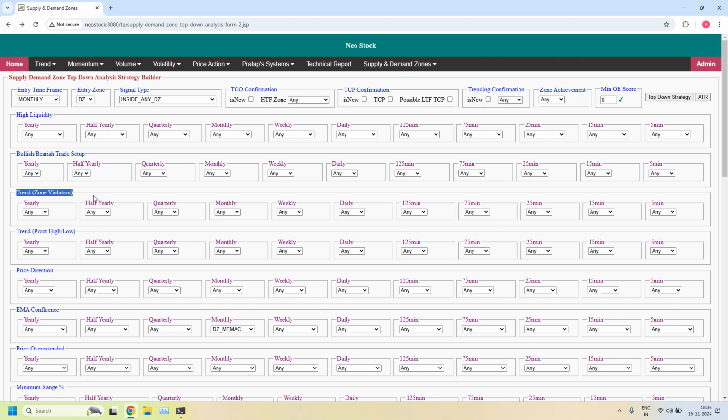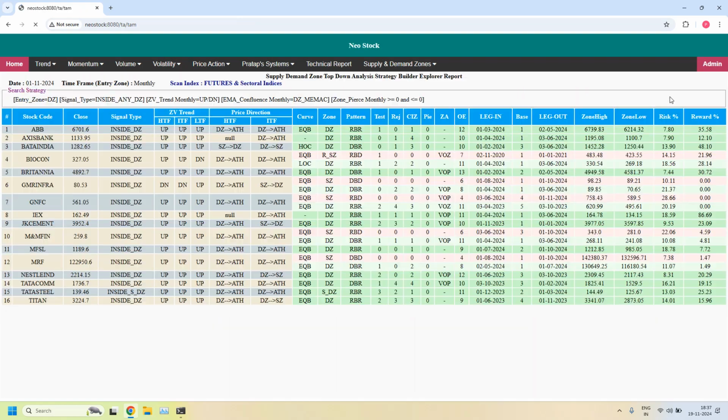So that's why in the trend at monthly time frame, I am eliminating sideways and keeping the up and down trend. With these filters, we got 16 stocks. These 16 stocks you can use as either HTF zone or ITF zone. That way you can plan bullish trade setups or counter trend trade setups against the trend. Okay.